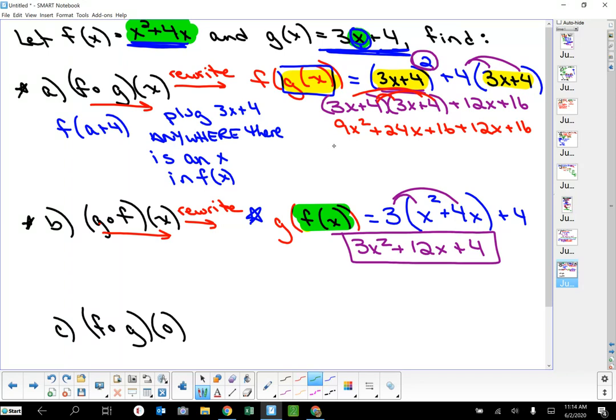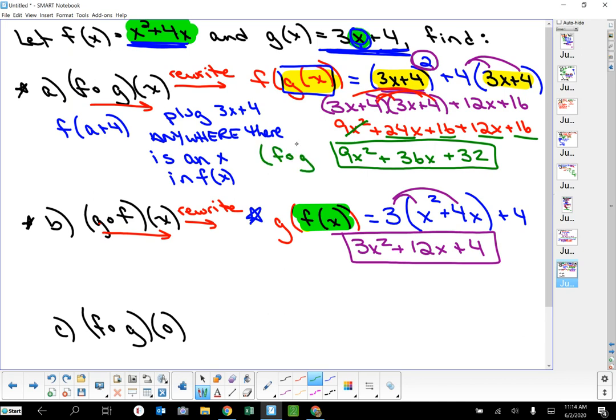And what we end up with is 9x squared, 24 and 12 is 36x, 16 and 16 is 32. And so this is my f of g of x. And this is g of f of x. Okay, let's practice that again on another screen, and then we'll come back to this guy.